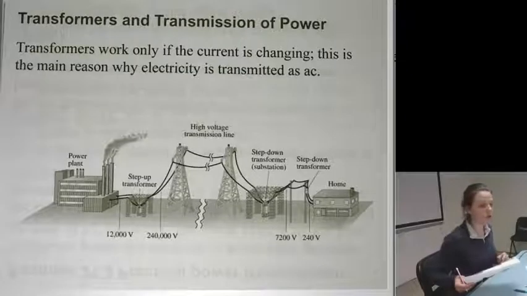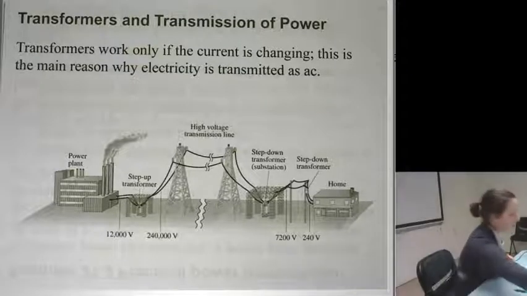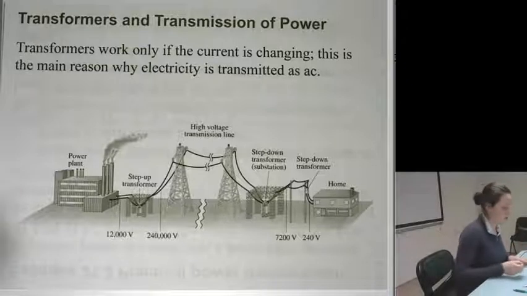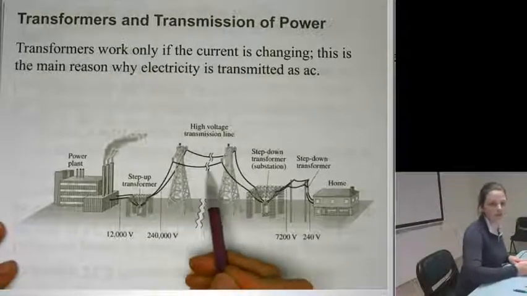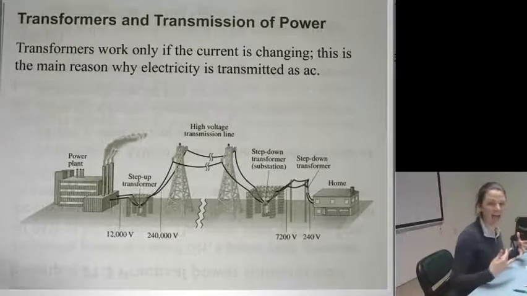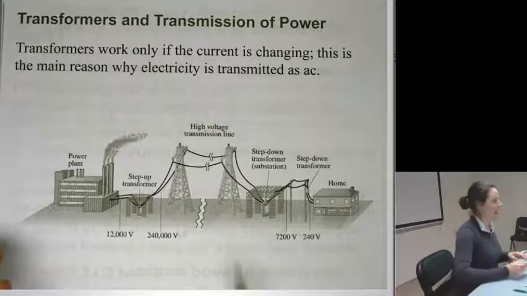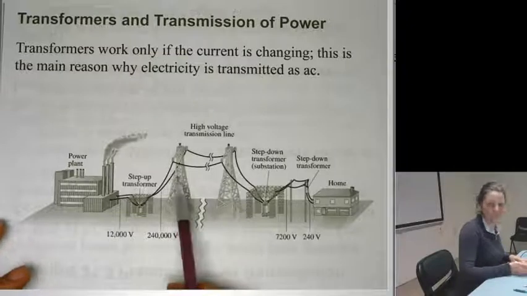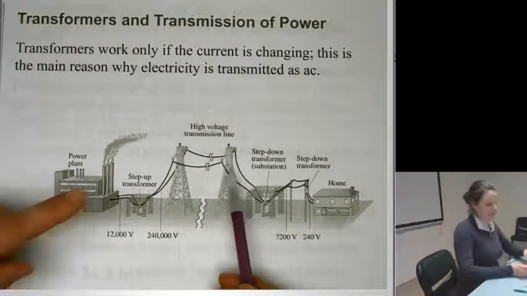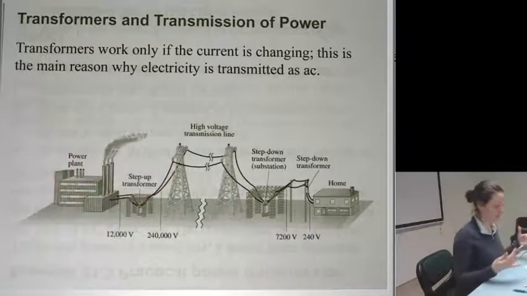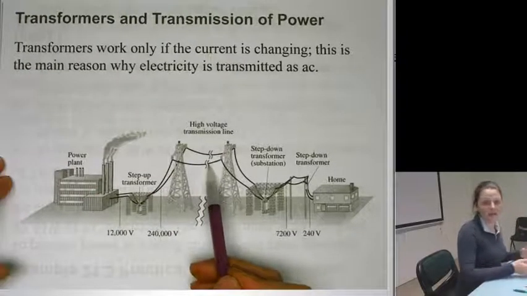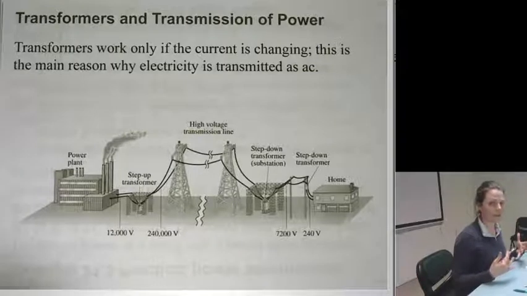All right, so the way that our electricity grid works is that it's all on transformers. For energy conservation reasons, a high current in a wire gets really hot, and that wastes a lot of energy.